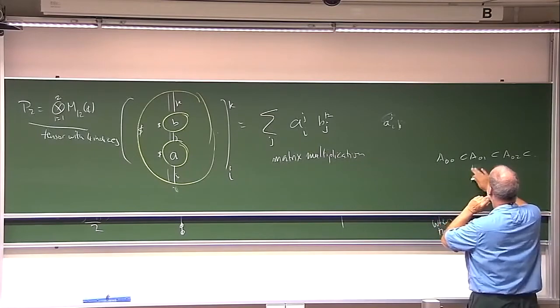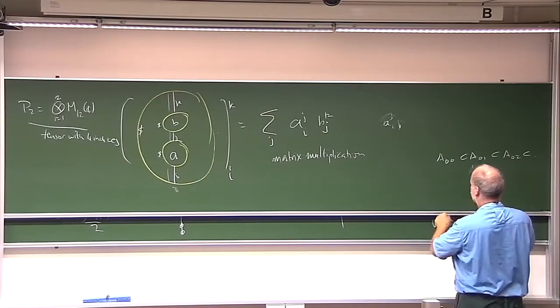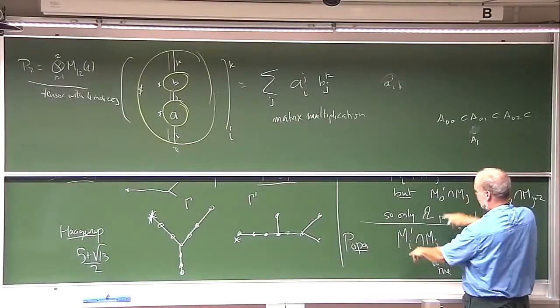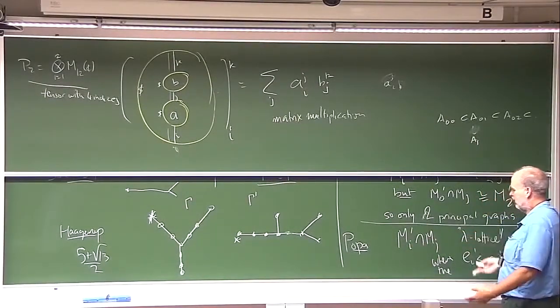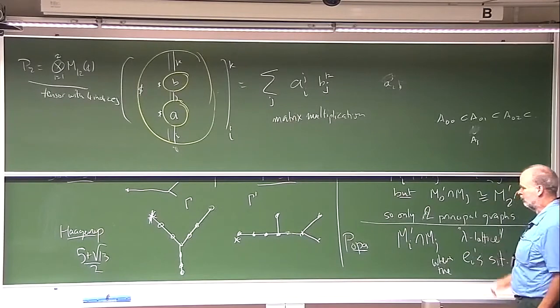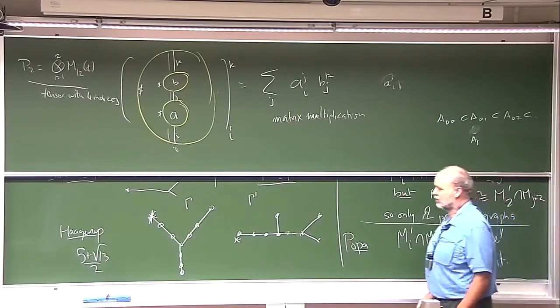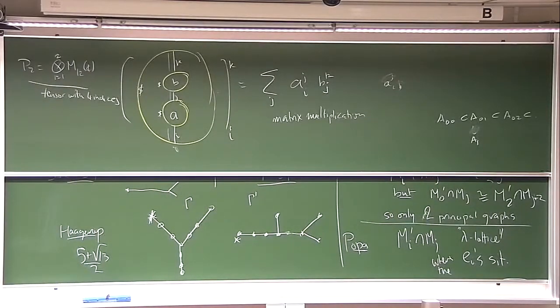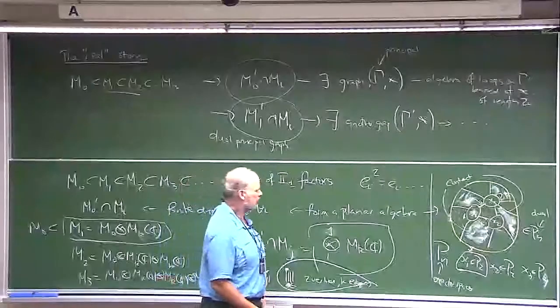However these inclusions have to go, that's a lambda lattice, and you need to know where the EIs sit. And with a bunch of axioms, Popa manages to recapture all of the structure that you can get out of this invariant. This tower with all of the structure is called the standard invariant.